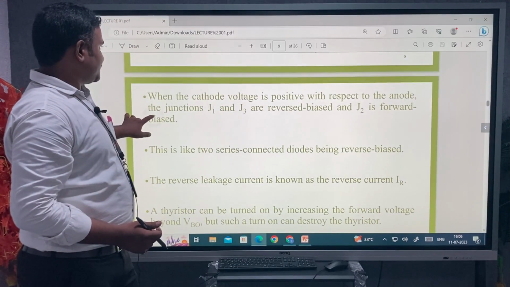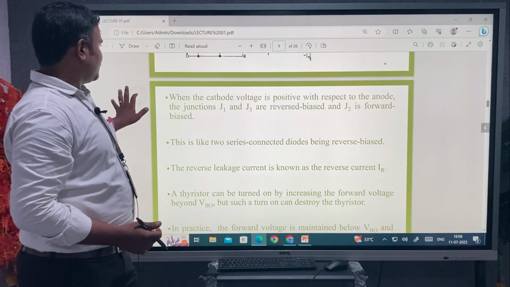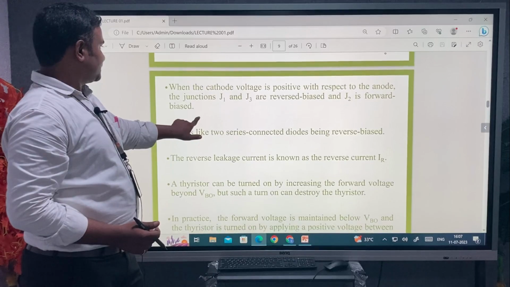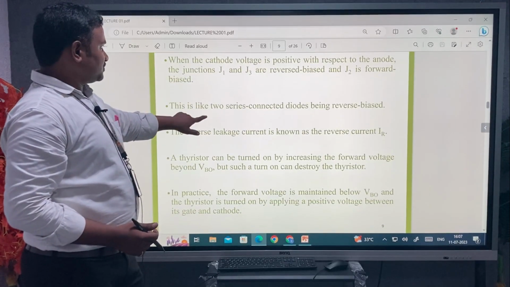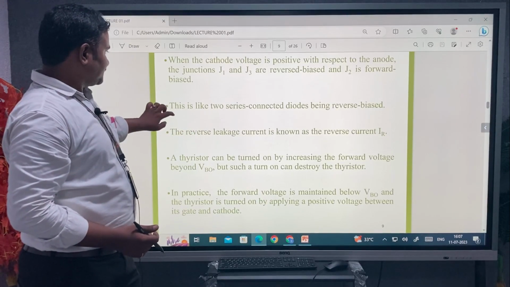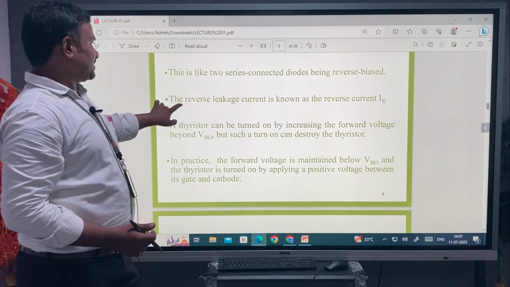Now the reverse blocking state: when the cathode voltage is positive with respect to the anode, junctions J1 and J3 are reverse biased and J2 is forward biased. This is like two series connected reverse biased diodes. This is the theory behind the reverse blocking state.